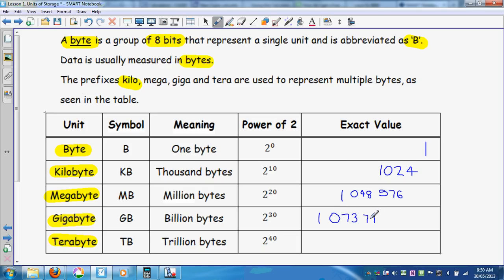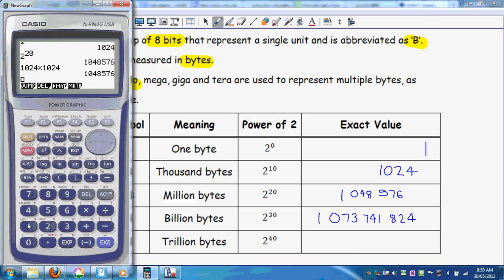So you never obviously need to remember these numbers. You just need to remember that you're multiplying by 1024, or if you prefer, remember the powers. Now you'll notice when we do a terabyte, it is 2 to the power of 40, which the answer comes out in scientific notation.